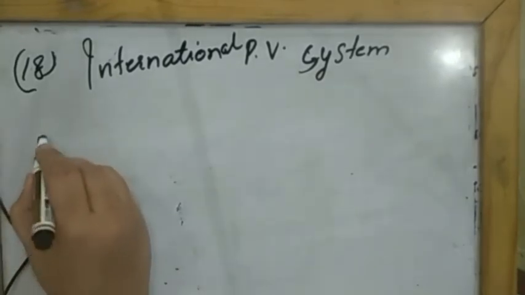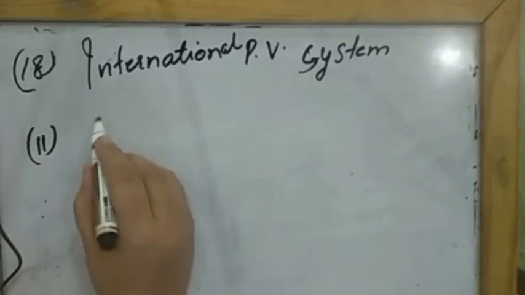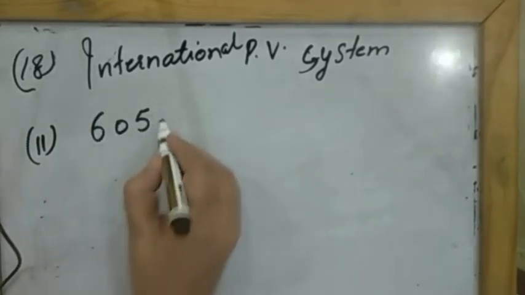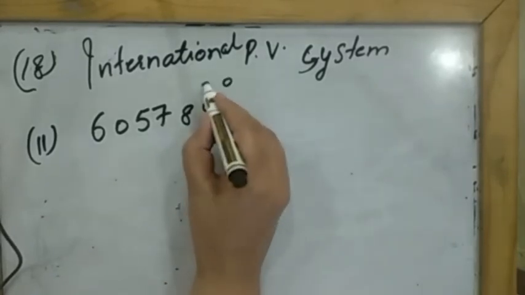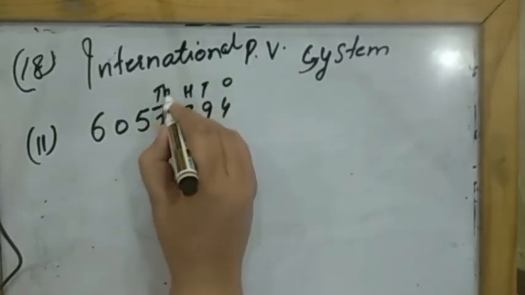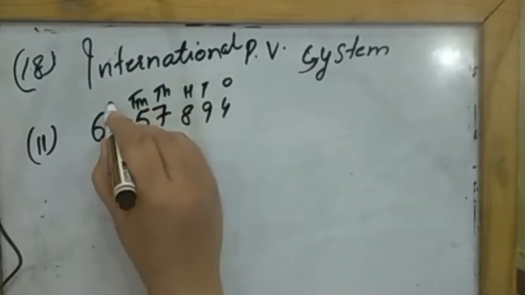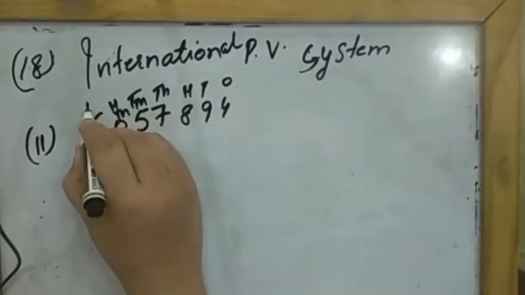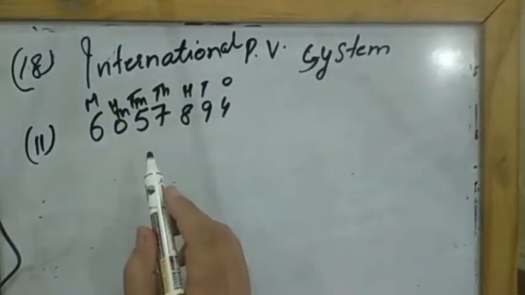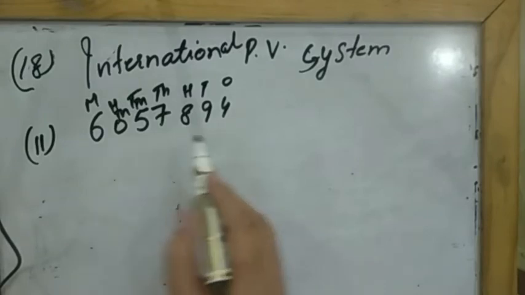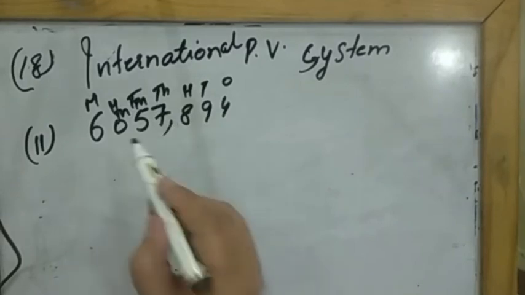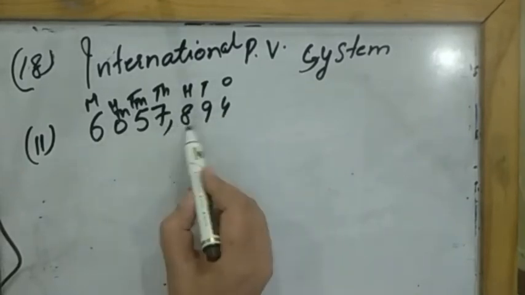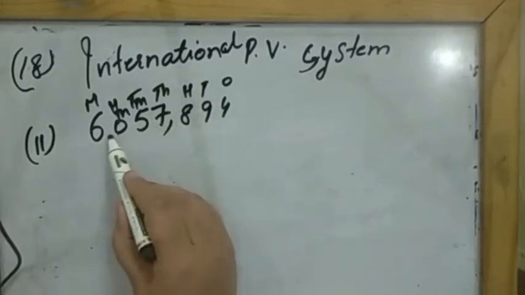Now if I take the second example, they are saying 6,057,894. So this is ones, tens, hundreds, 1,000, 10,000, and 100,000, and this is millions. First of all, they are asking you to put the commas. In the international place value system, we put the commas after every 3 digits: 3 digits, put a comma, 3 digits, put a comma.